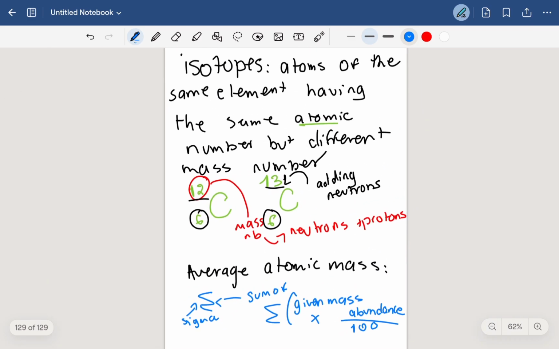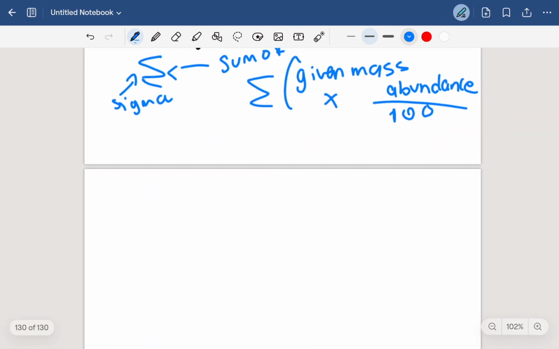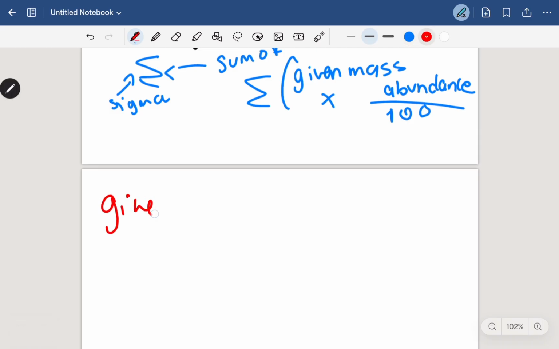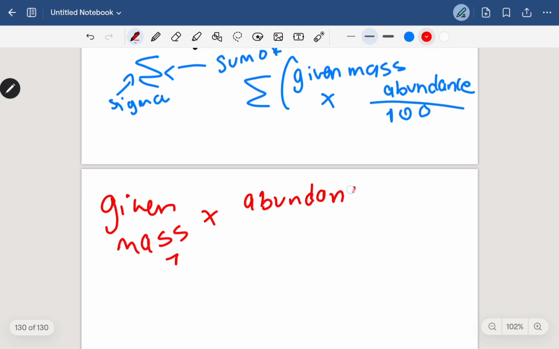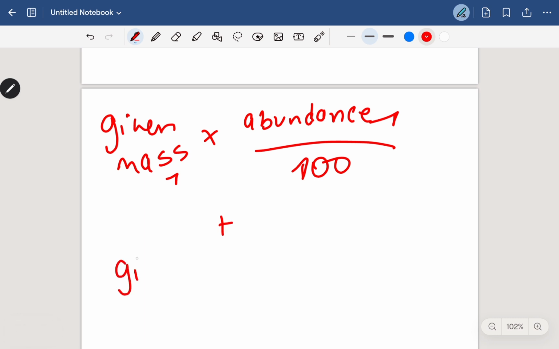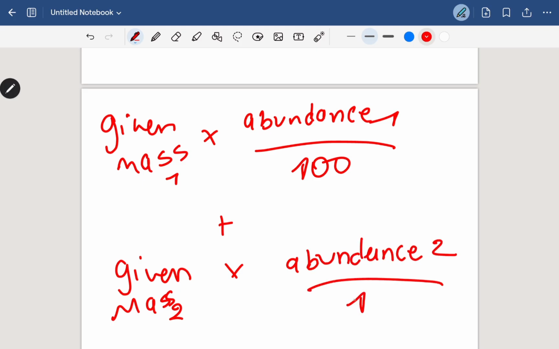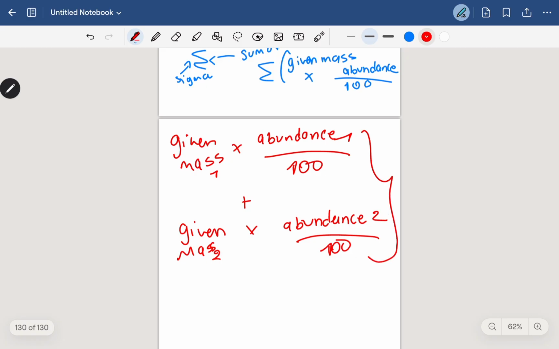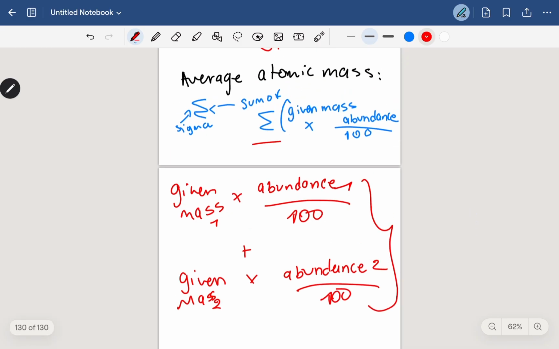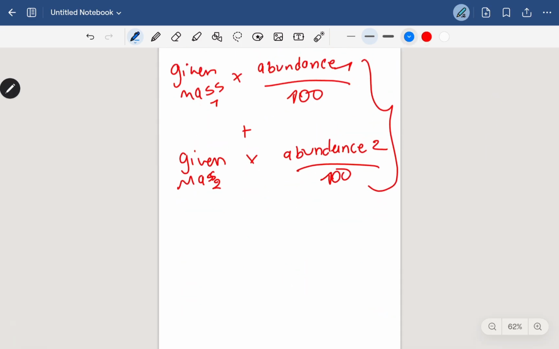Okay, so this is one format of writing it, or another format, let me just open another page: given mass 1 times abundance 1 over 100, plus given mass 2 times abundance 2 over 100. So you could denote it like this, or very simply just use the sigma notation. So sigma means the sum of given mass times abundance over 100. Alright, so this is literally the only equation that we need.